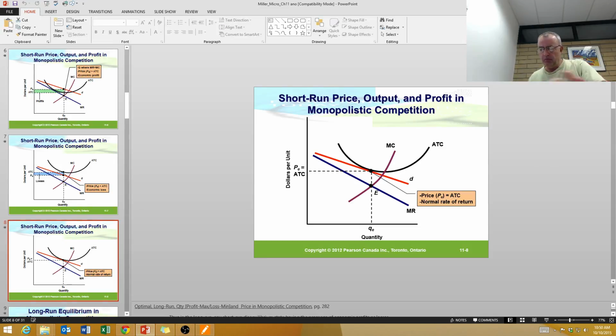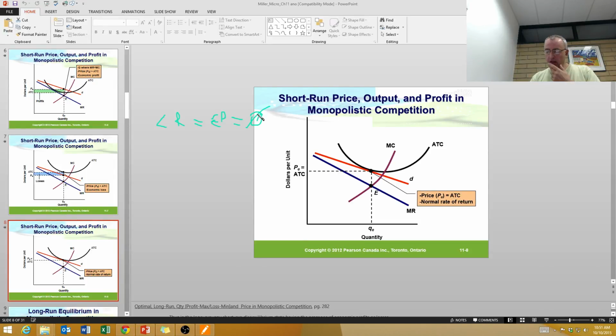All right. So in the long run, if there are any economic profits or losses in the short run, in the long run, those economic profits disappear because of the ease with which firms can enter and exit the industry. So in the long run, economic profits equals zero.